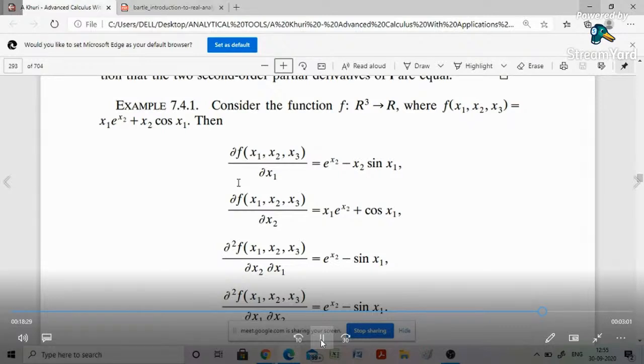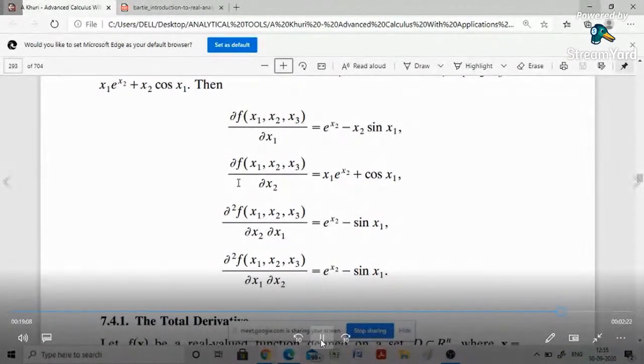What is the second derivative? We can differentiate the first derivative, the first line, with respect to x2 again. What will be the answer? e^(x2) minus sin x1, because sin x1 is treated as a constant with respect to x2. So we consider the first line and differentiate it again with respect to x2, and we get e^(x2) minus sin x1.